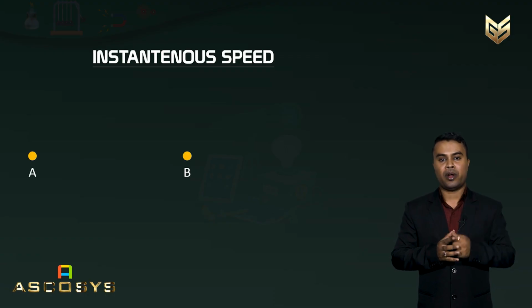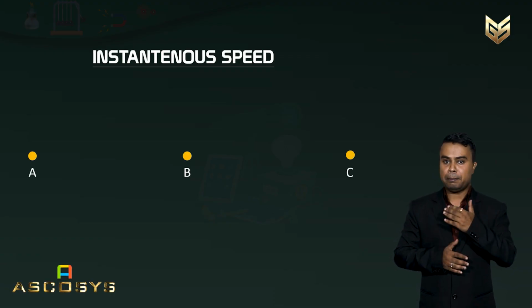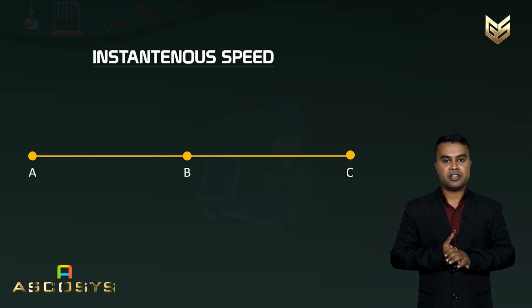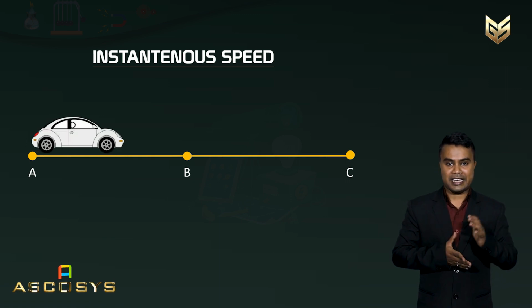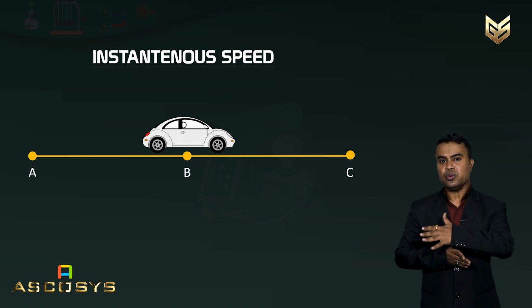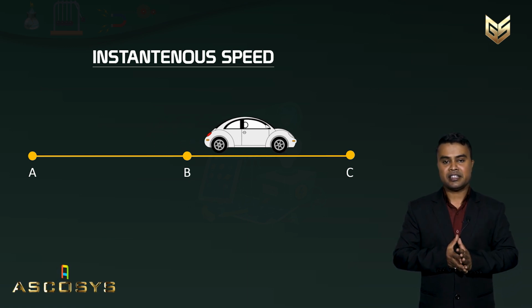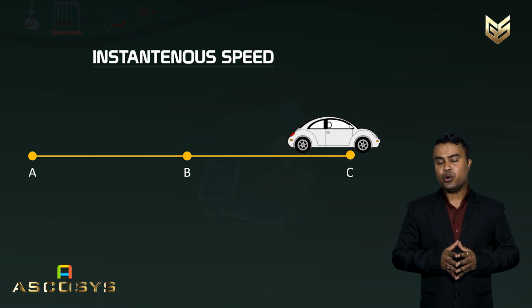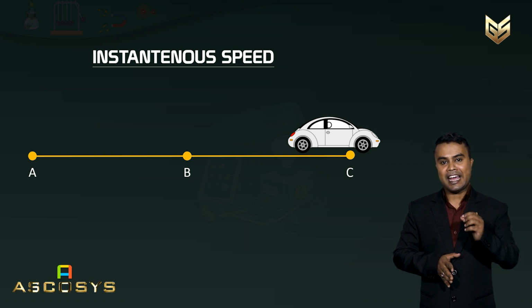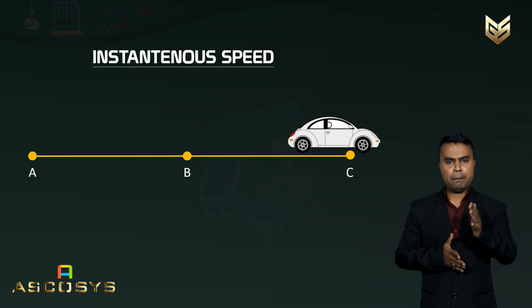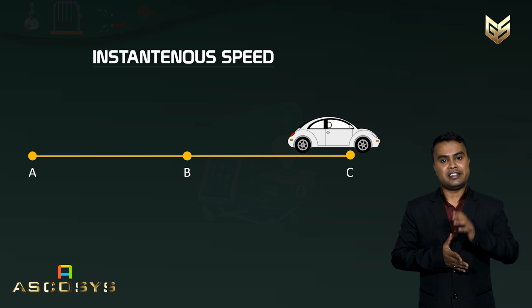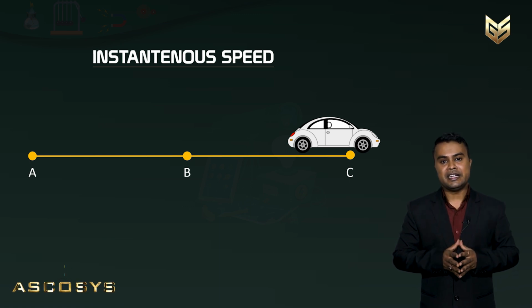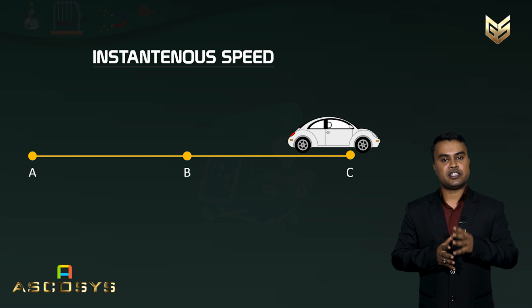Suppose we have 3 points, point A, point B and point C. The car moves from point A to B and then B to C, right. Now, you want to find out the speed at point C or B or A. That measurement of the speed is known as instantaneous speed.